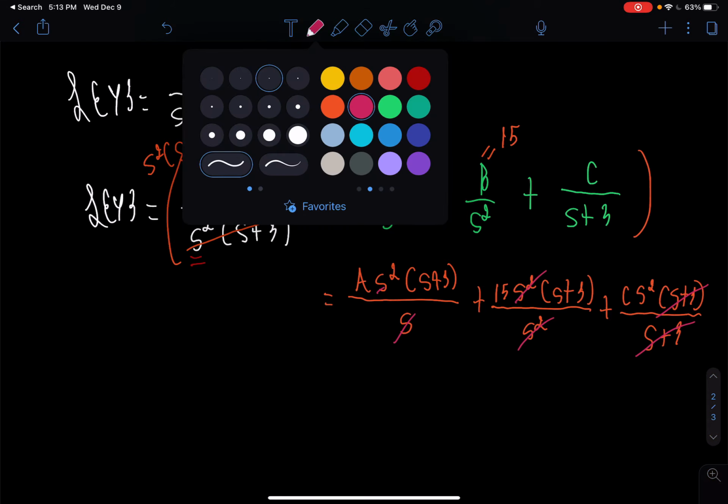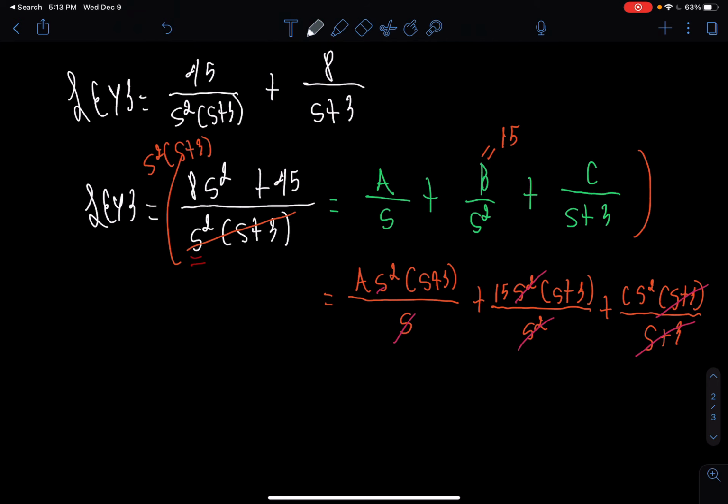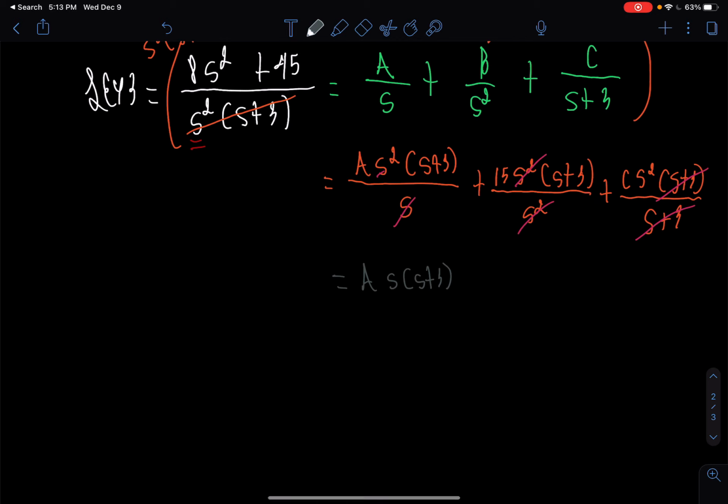So now let's rewrite this. We have A times s plus 3, plus 15 times s plus 3, then plus Cs squared.